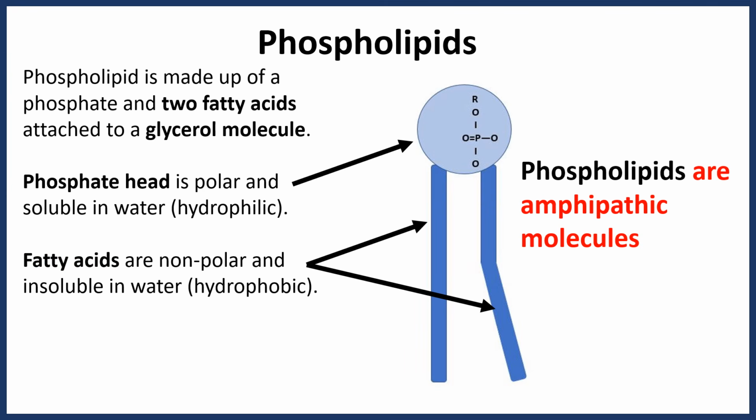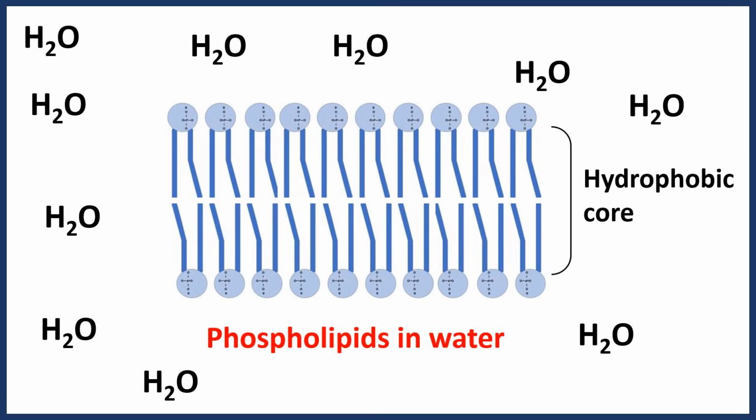Phospholipids are amphipathic molecules, meaning they contain both hydrophilic and hydrophobic parts. When placed in water, phospholipids naturally arrange themselves into a bilayer, with the hydrophilic heads facing outward towards the water and hydrophobic tails facing inward, away from the water.